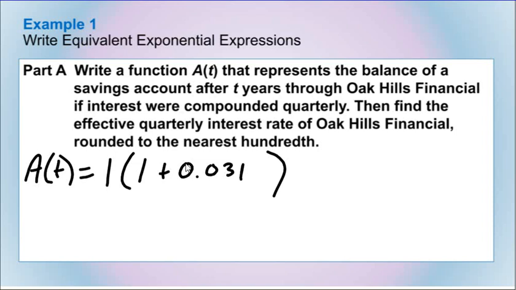And then we're going to raise that to, so we have to find that, that was for annually. We need to find out what it would be quarterly. So this was 1T. Or actually, we could say 4 times a year, so that would be 4T. That means inside here, I have to find the 1/4 power.